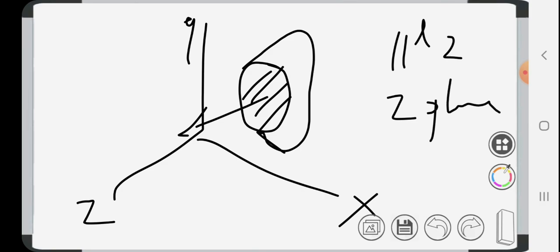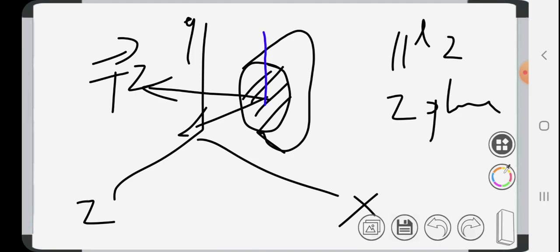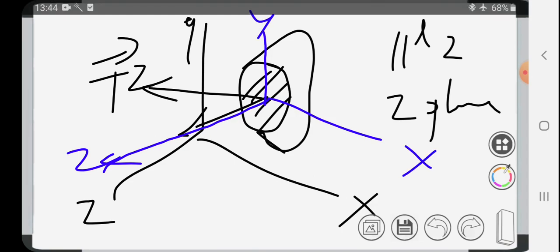So we can have a stress component like the stress vector z, which can be resolved in the y direction, x direction, and z direction. So the z direction is like this, z direction, x direction, y direction, right?